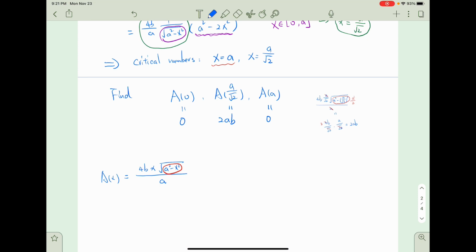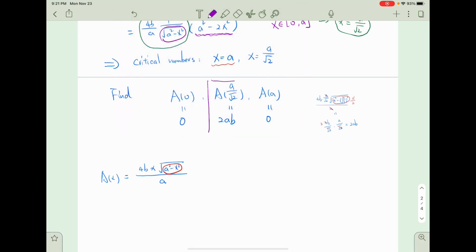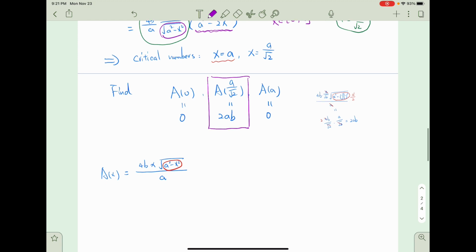Since we know that a and b are both positive numbers, it's obvious that the function A(x) obtains the maximum value at x equal to a over square root of 2. So this is our maximum value.